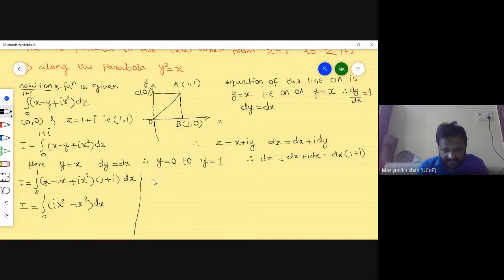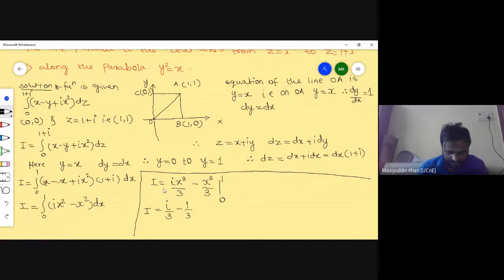So I is equal to integration of this part, i x cube upon 3 minus x cube by 3, limit point as it is 0 to 1. So this will become I is equal to i by 3 minus 1 by 3.